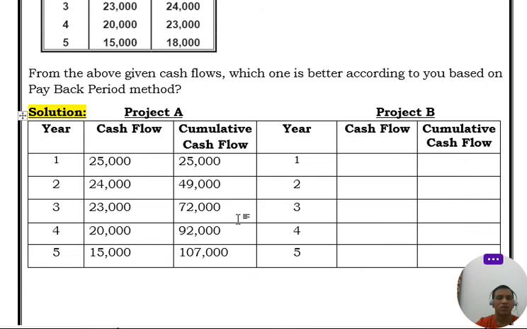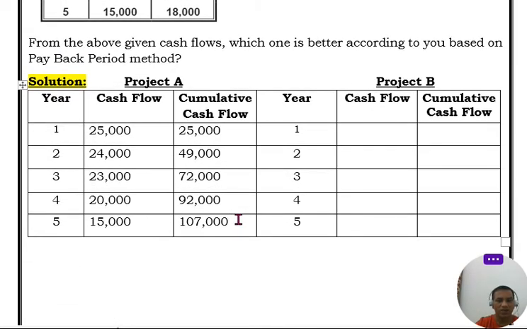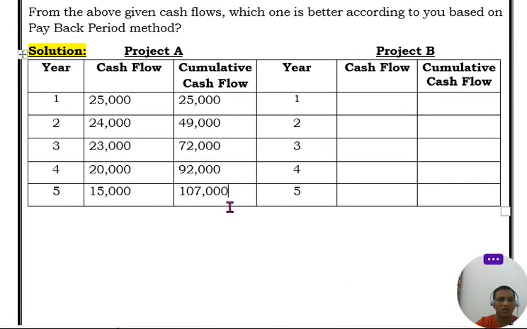Now let us see. What is the cost of the project? 100,000. Where are you getting this 100,000 exactly? Up to 4 years, 92,000, which is less than the cost of 100,000. And in the fifth year, it is 107,000, which is more than 100,000.